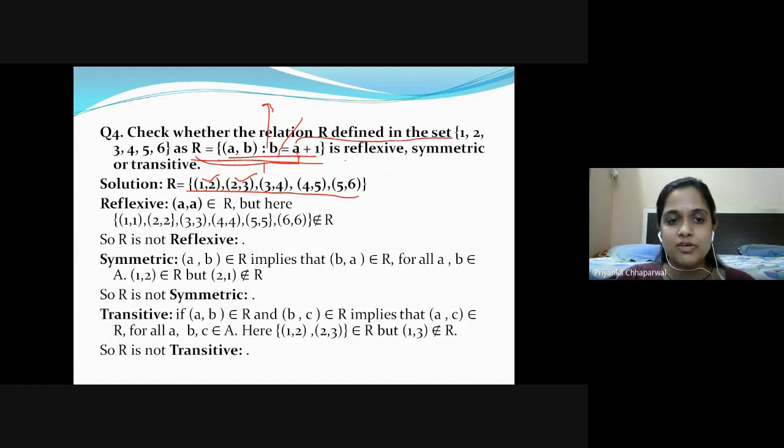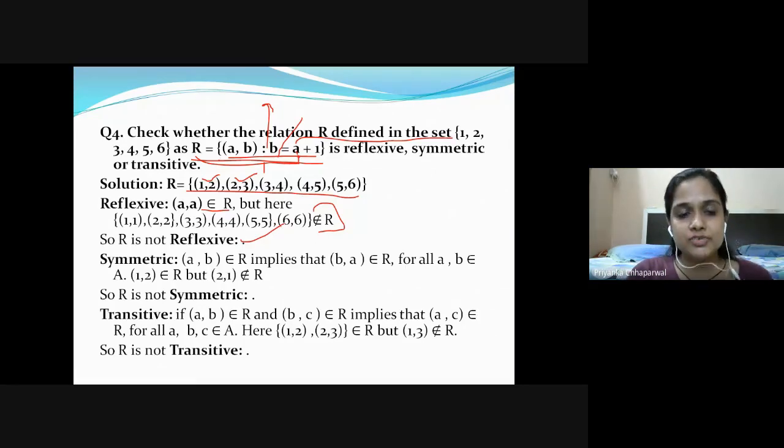What is the condition for reflexive? (a, a) belongs to R. But here (1, 1), (2, 2), (3, 3), (4, 4), (5, 5) and (6, 6) do not belong to R. They are not part of your relation. So R is not a reflexive relation.